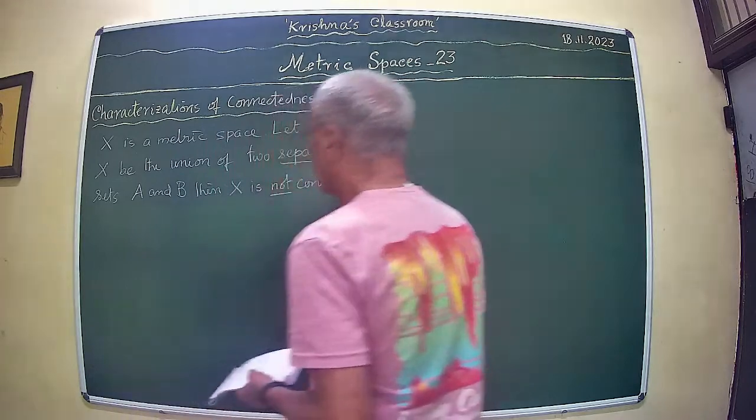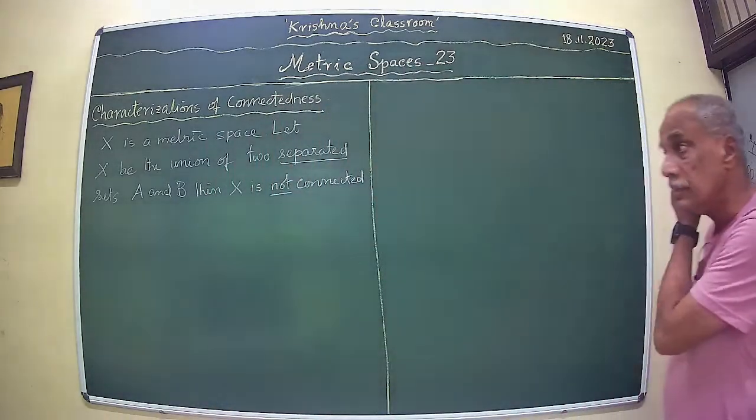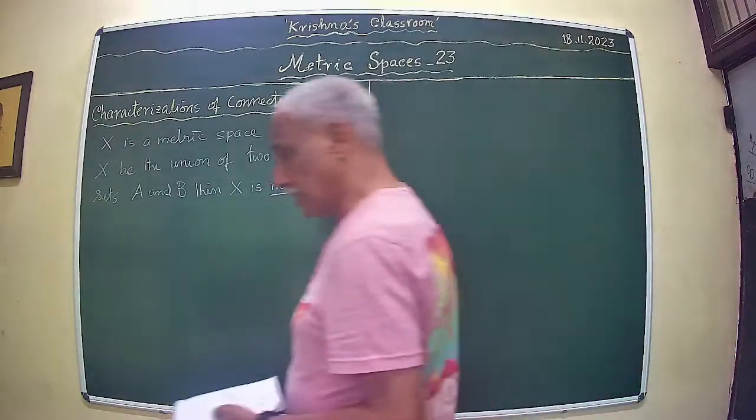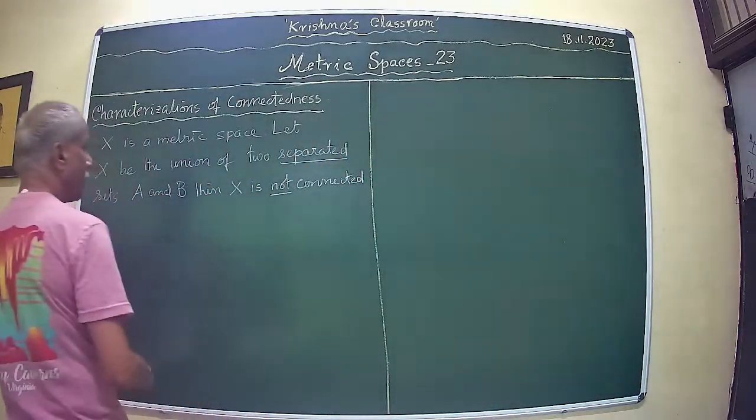Because clearly X is connected if there does not exist such a representation.